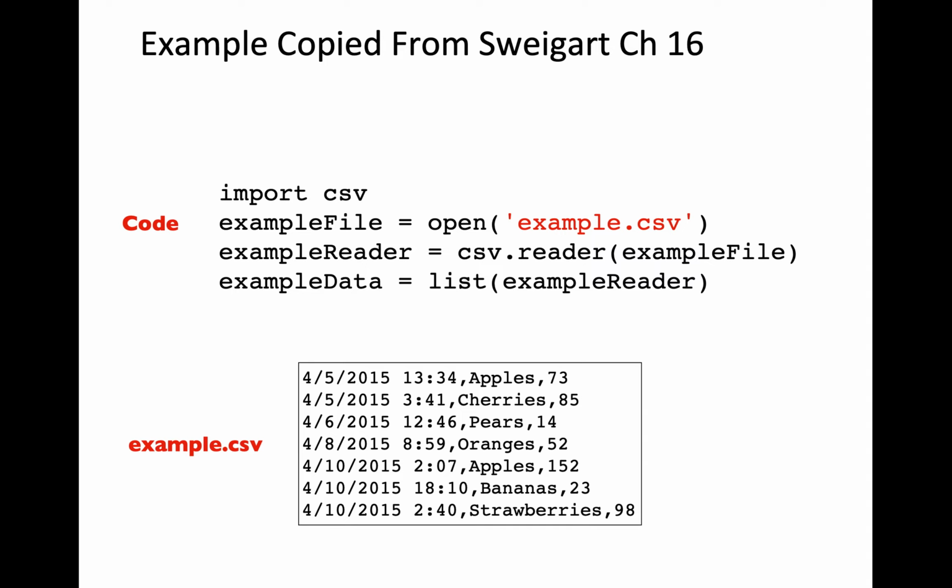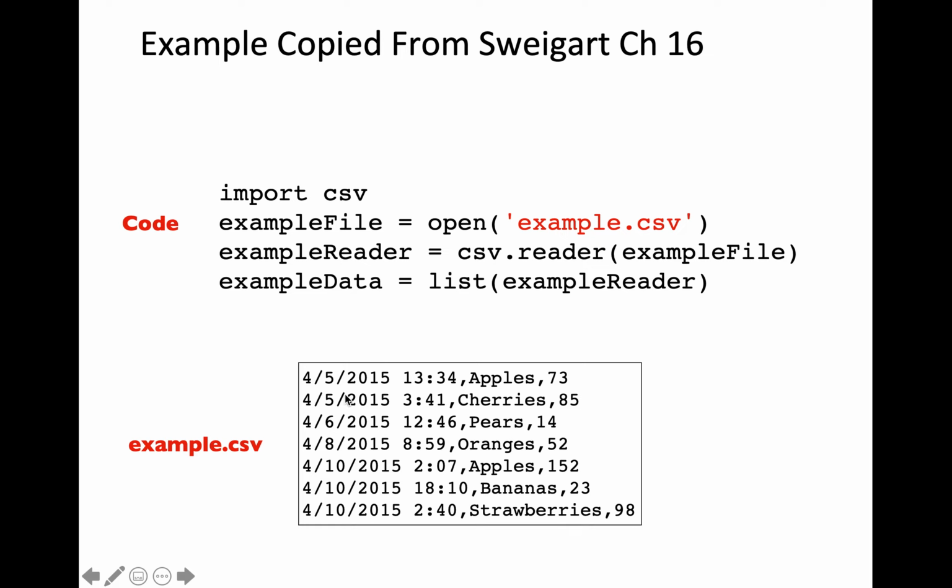file's content. You can understand that the open function call enables us to just open the file for reading, and you have a CSV module reader function which enables you to read the file's content, and somehow you're able to convert that into a list of list data structure which is going to be pointed to by the variable example data here.